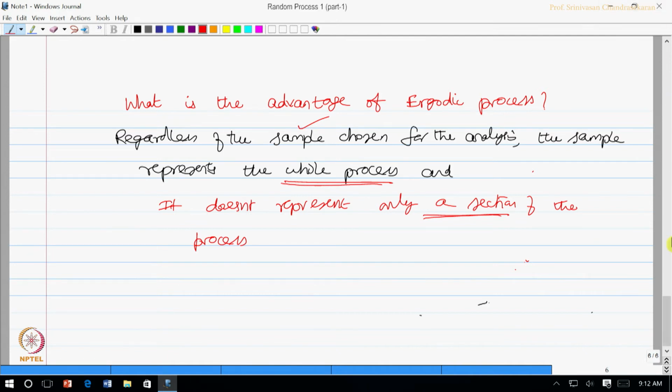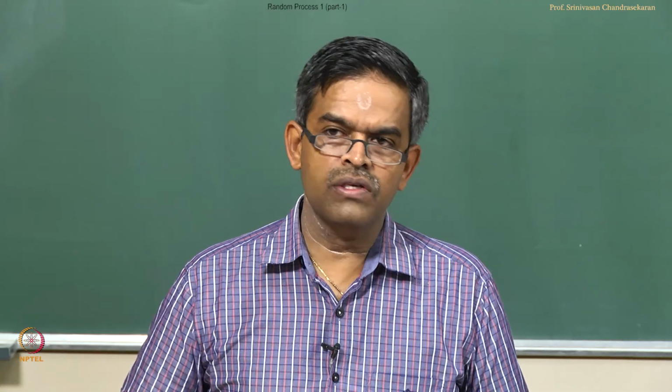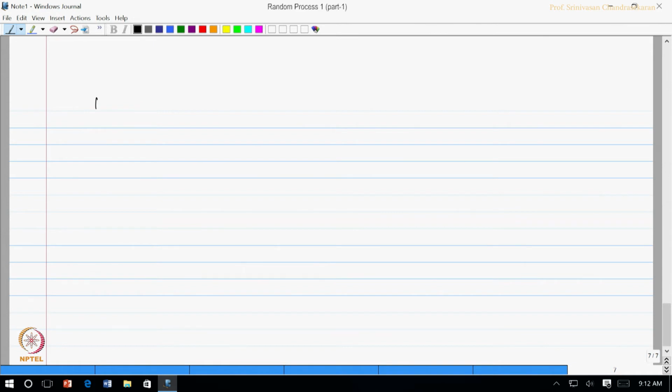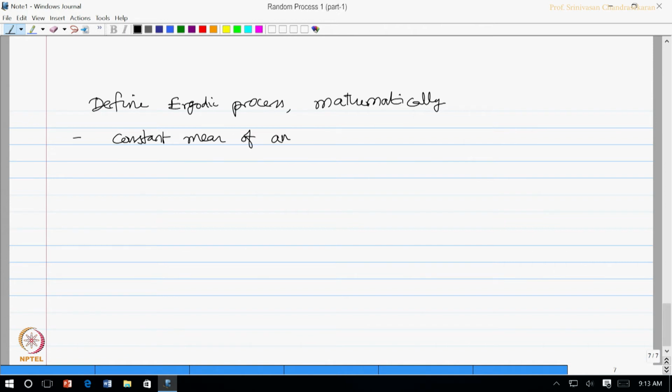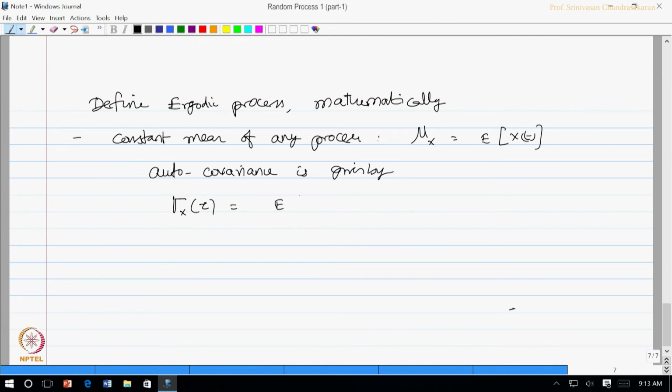The next question comes, how do you define ergodicity mathematically? We agreed saying that the process will have a constant mean. The constant mean of any process can be given by this equation, and the autocovariance is given by the following equation.